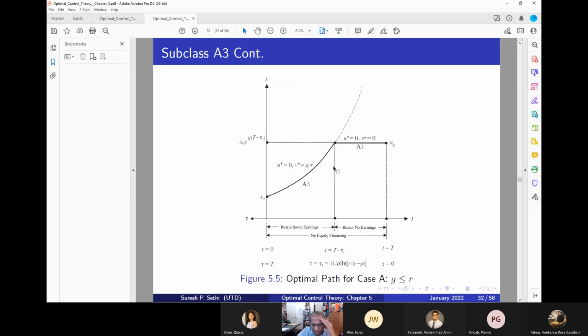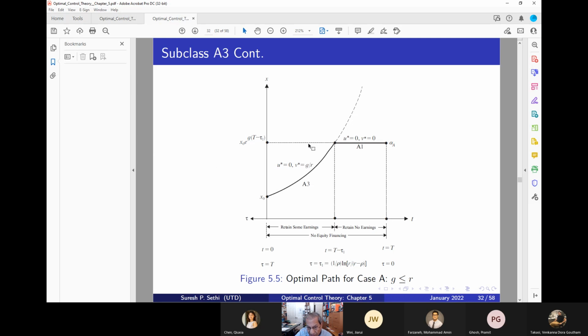But for the time being, let's find out how we can find this tau 1 by some economic reasoning. That's what we mean by interpretation. Is there an economic meaning to this tau 1? Well, first of all, notice: on this side U star is 0, and here U star is 0, so U star is not going to give us any information.